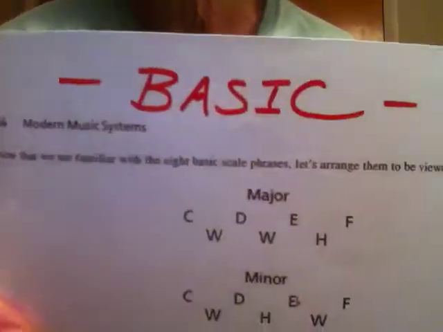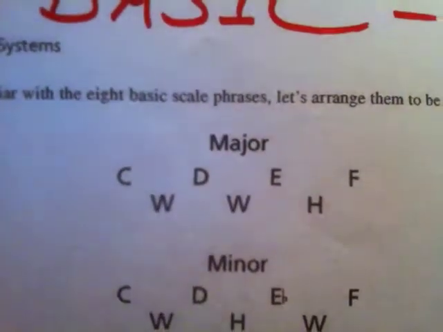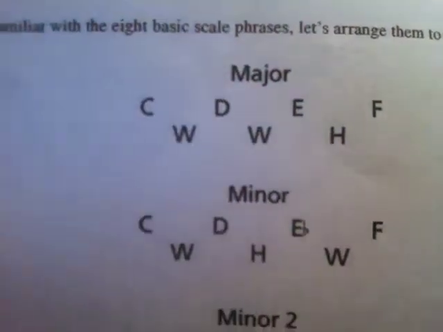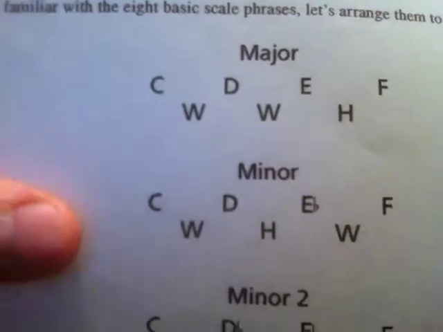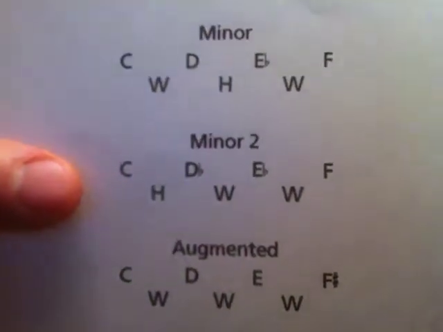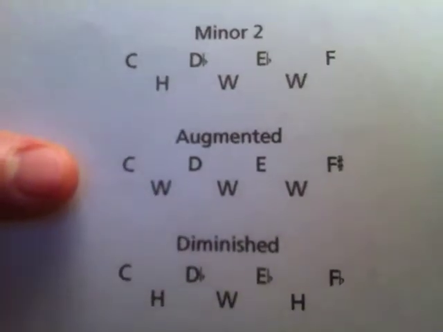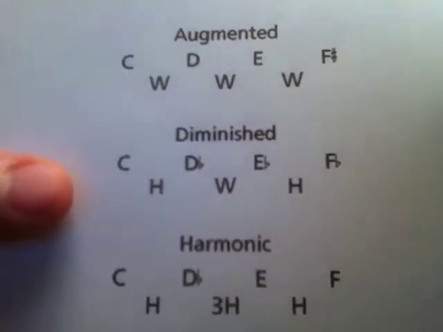And then finally, I review one more time the 8 basic scale phrases. Major, which I just showed. Minor. Minor 2, that's just a minor variation. The augmented, and the diminished.